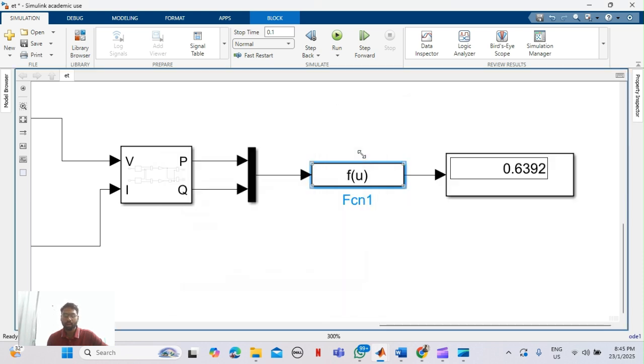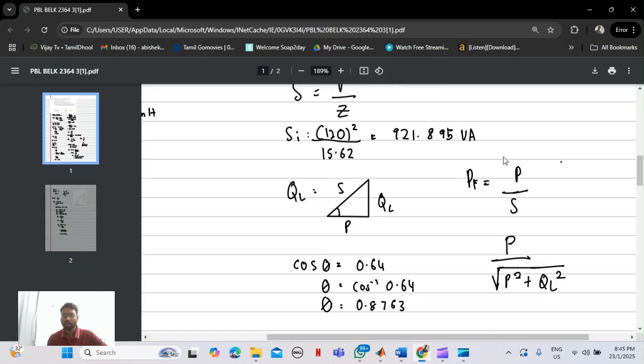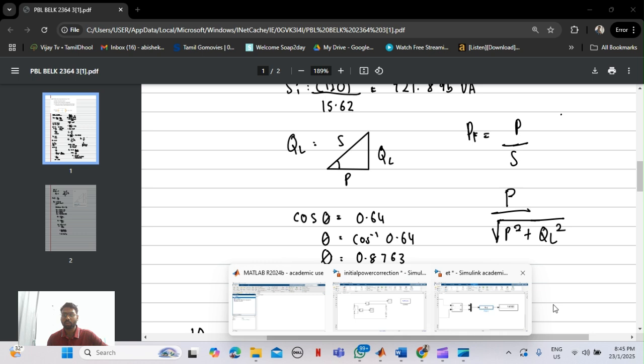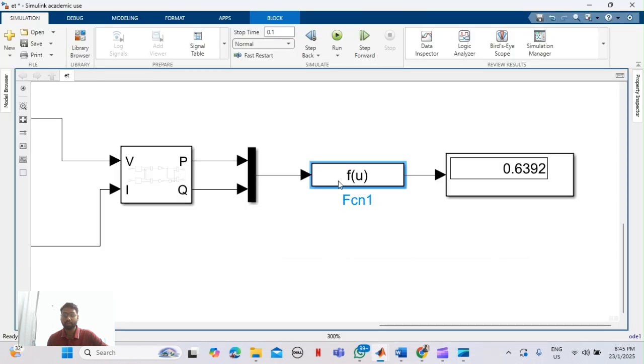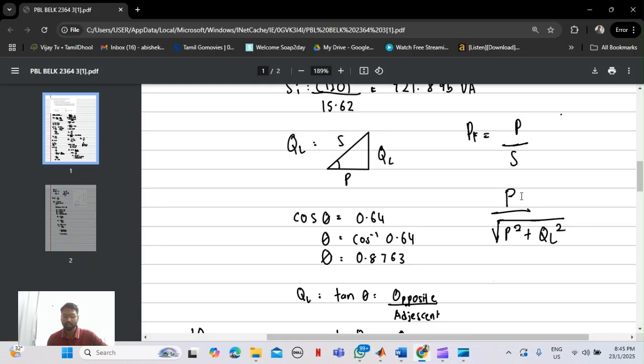So to calculate the power factor, we also have to see the power factor formula. The power factor is equals to real power divided by apparent power. So we don't have apparent power as our input here. We only have real power and also the reactive power. So now we are going to express the apparent power in terms of real power and reactive power.